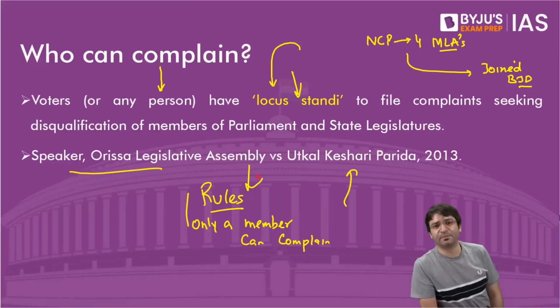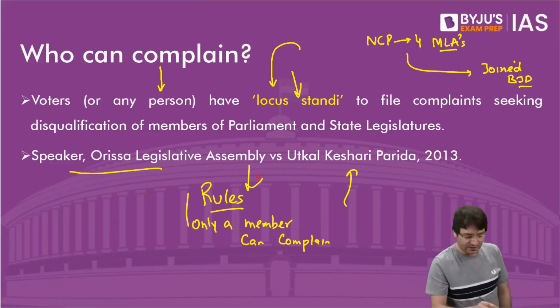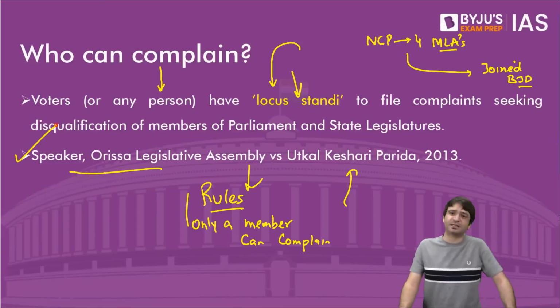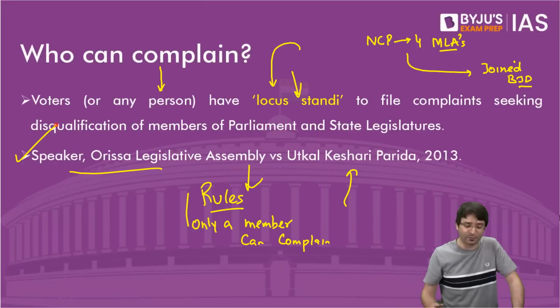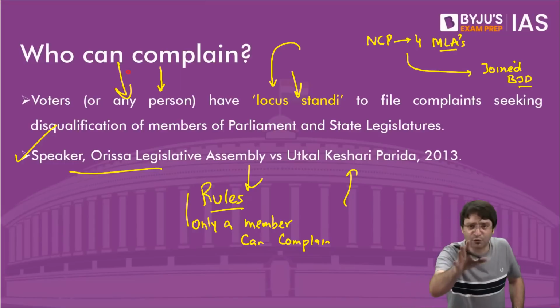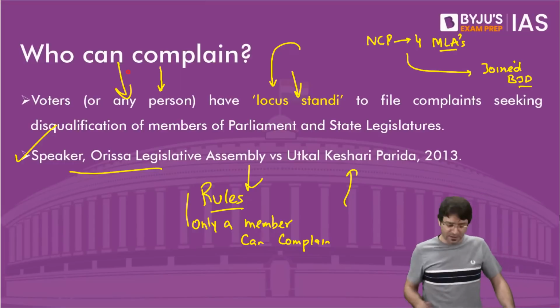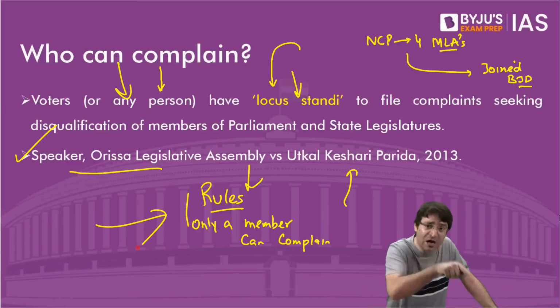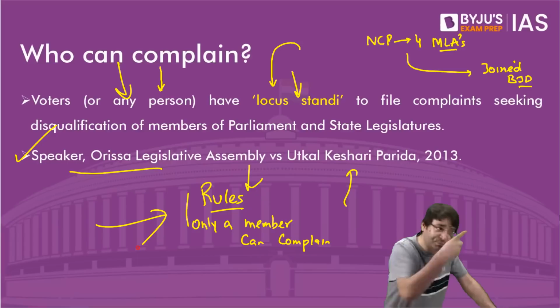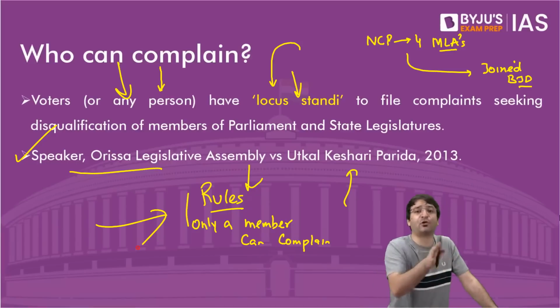Mr. Utkal Keshri Parida approached the Supreme Court. The case came to be known as Speaker, Odisha Legislative Assembly versus Utkal Keshri Parida, 2013. The Supreme Court said any voter has the locus standi. These rules, which mandate that only a member of a house can complain to the Speaker under the anti-defection law, are unconstitutional. Because you have to be fair.